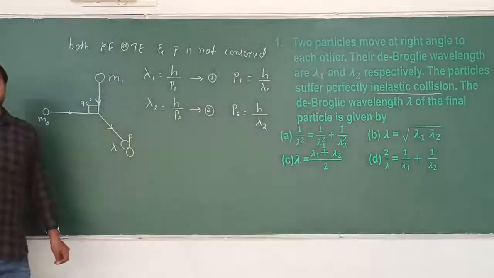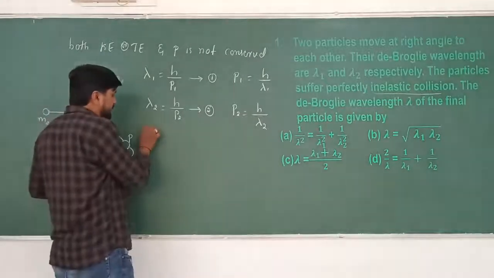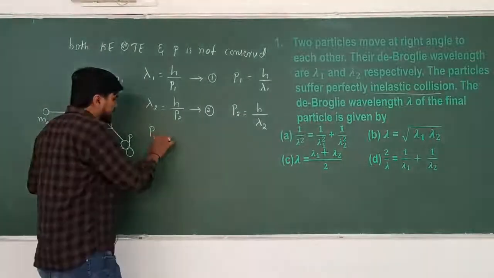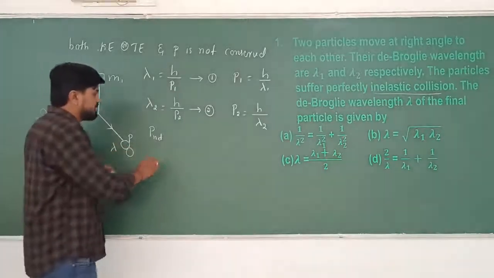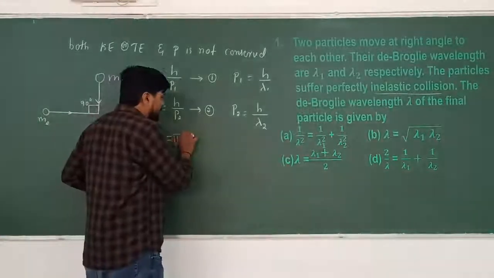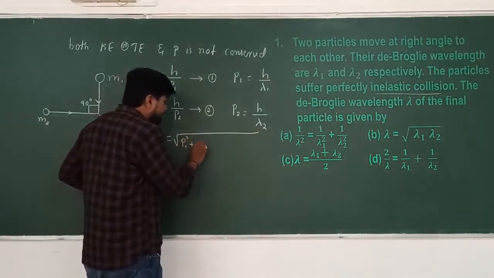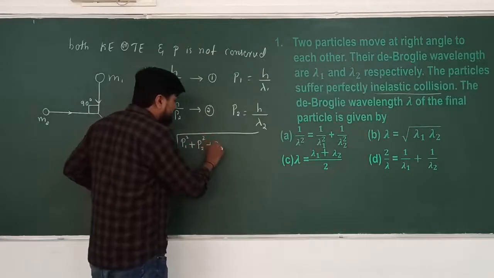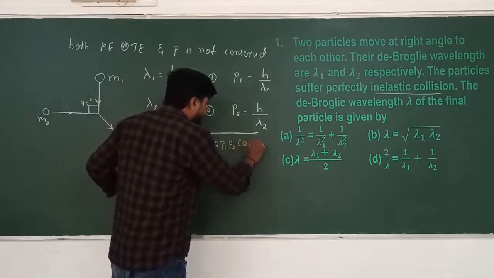According to conservation of momentum, after the inelastic collision the net momentum p net is equal to the square root of p1 square plus p2 square plus 2 p1 p2 cos theta.